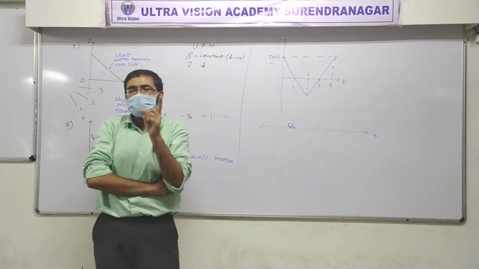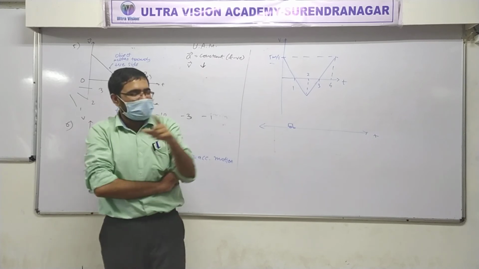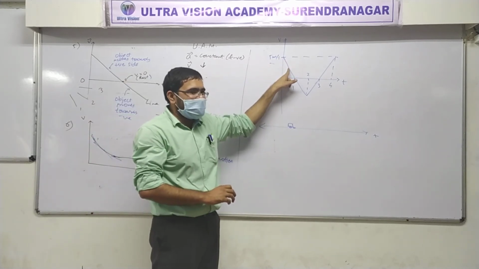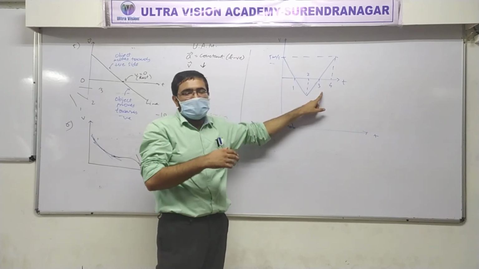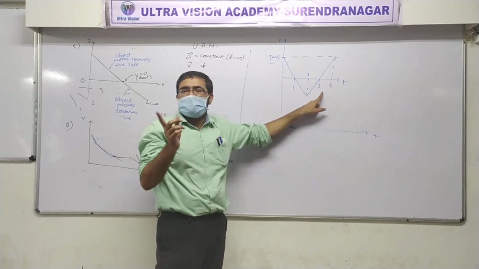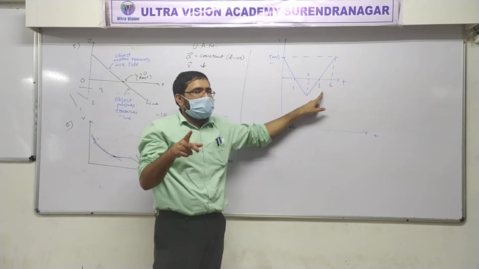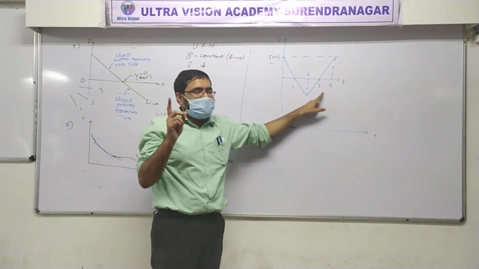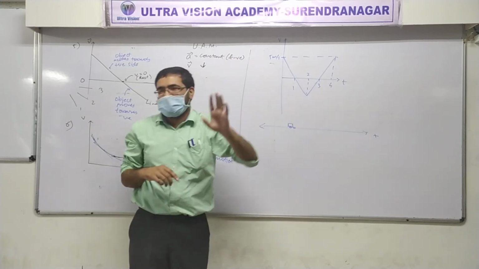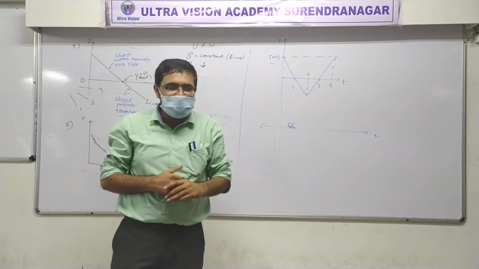Correct. 0 to 1 there is retardation because velocity is positive and acceleration is negative. And 2 to 3 there is retardation because velocity is negative and acceleration is positive. Is that okay? Yes.